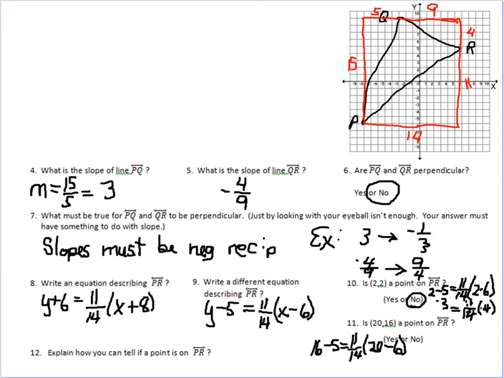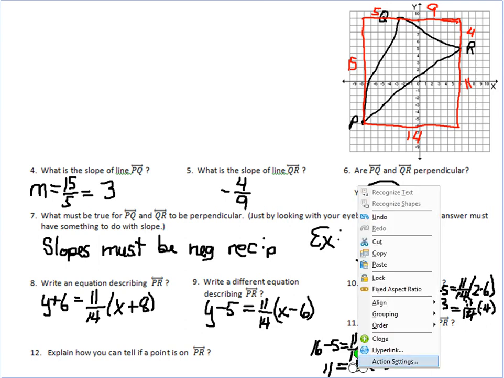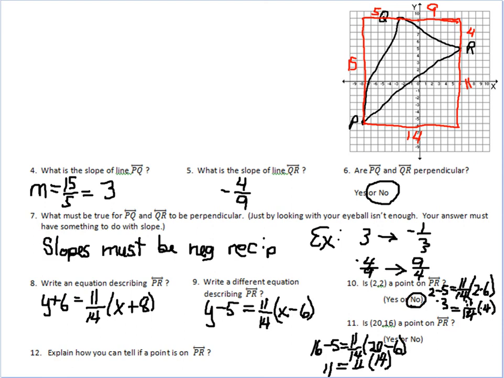So 16 minus 5 is 11. 11/14 times 14. So that 14 is like 14 over 1, so those 14s actually end up canceling out, and we have 11 equals 11. Since that's true, that answer is yes.